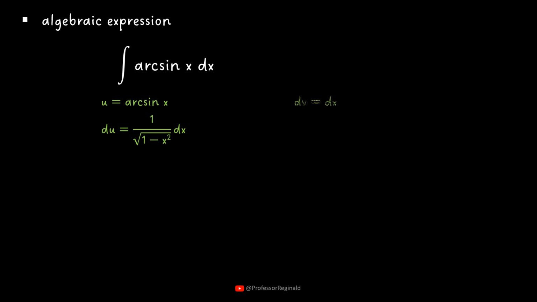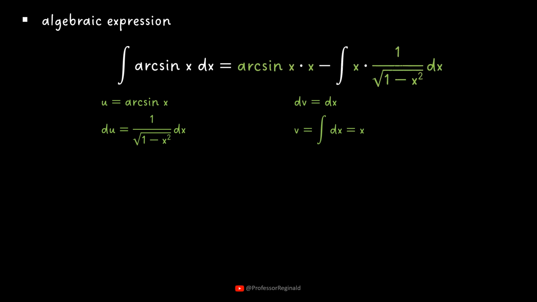And let dv as dx, which means v is equal to x. Substituting these expressions into the formula leads to a product and an integral of an algebraic expression, which can be found using the general power formula.